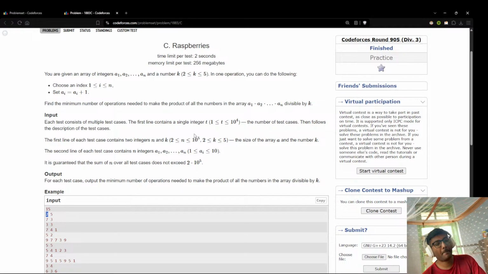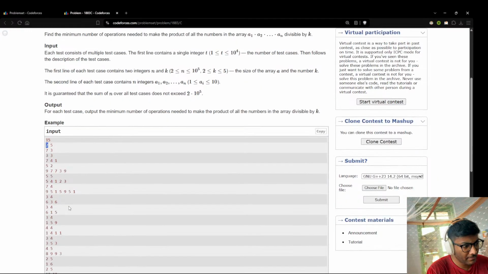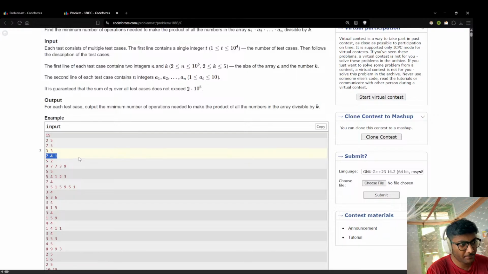If AI was up to 9, let's take some cases like 7, 4, 1, and 7 for the 28. And you see, if we make this a 5, we are done.